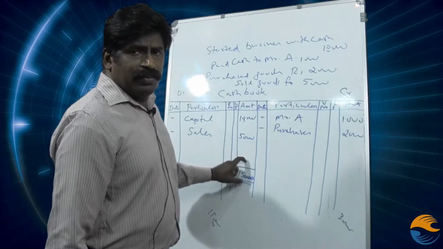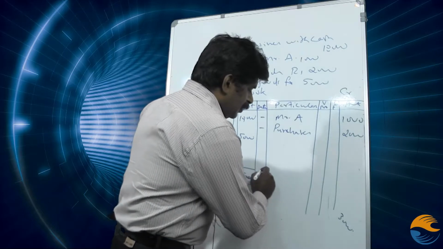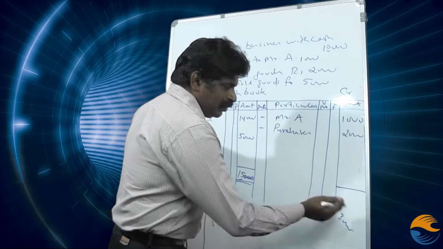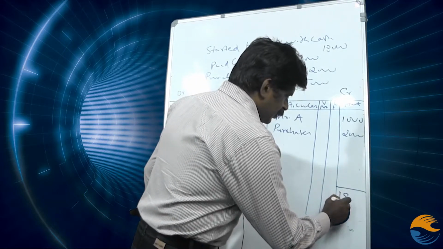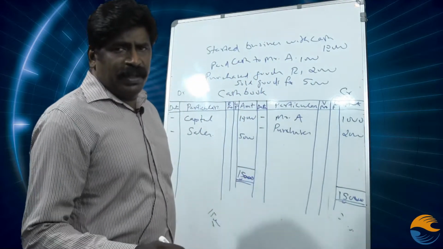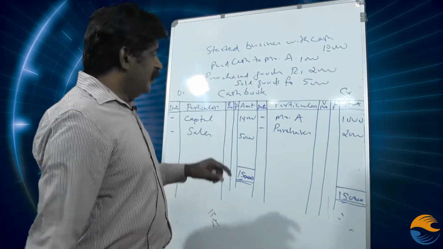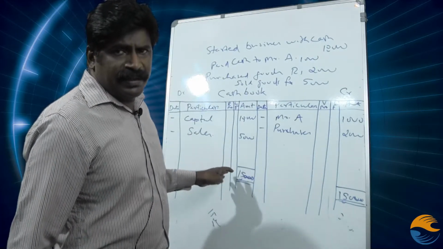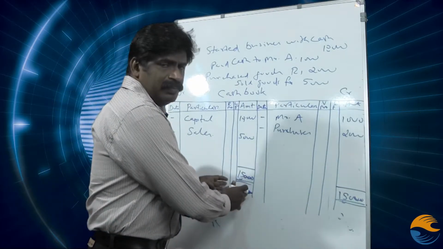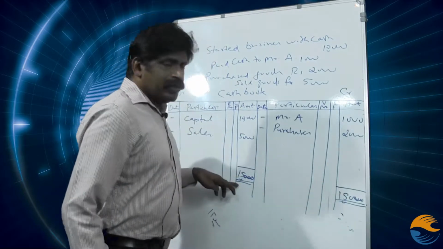The same total should be shown on the credit side also, corresponding to this total on the opposite side. So the process is to find where is the highest total. In this case, the debit side has the highest total. We write the total on the debit side, and then the same total will be shown on the other side corresponding to the total.